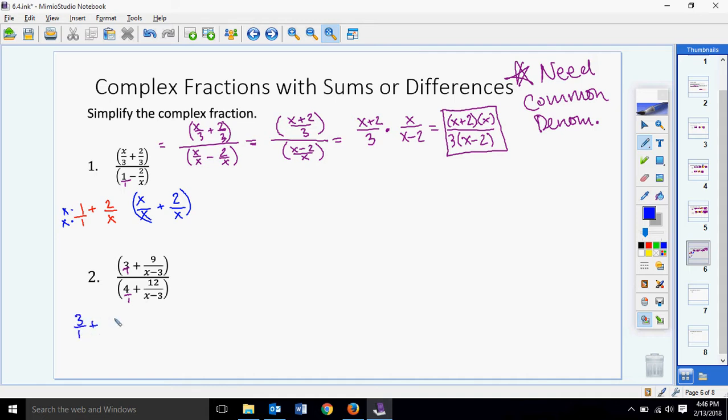3 over 1 plus 9 over x minus 3. What would be the LCM between these two fractions? Well, that would be x minus 3. So I need to get this denominator to look like x minus 3, which means I need to multiply it by x minus 3. And if I'm multiplying the denominator, I have to multiply the numerator.